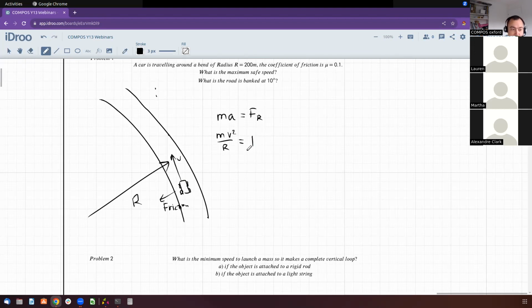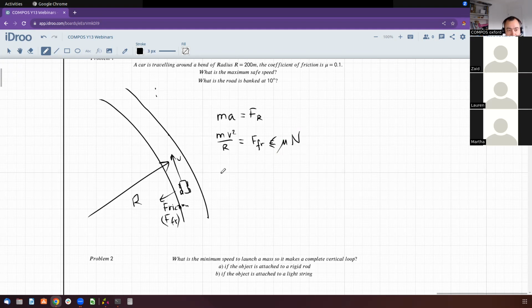But the friction force, as we know, is mu n, where n is the normal force. That's the maximum value of friction. So let's put it this way: the friction force is less than or equal to mu n, the friction coefficient times n.